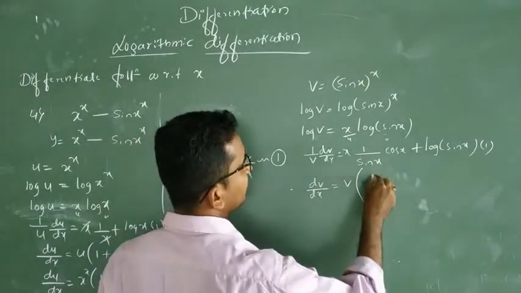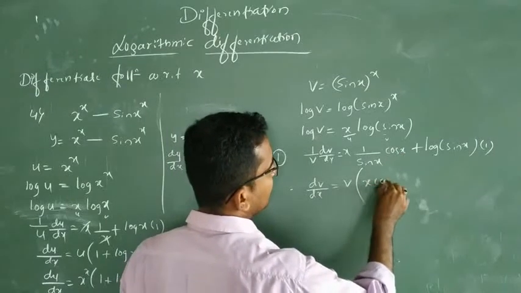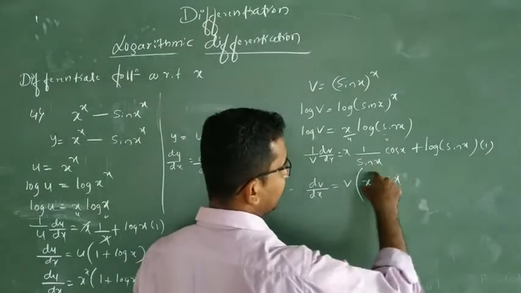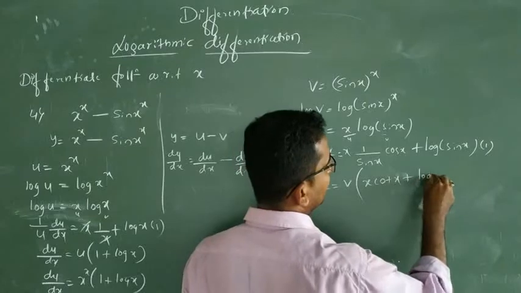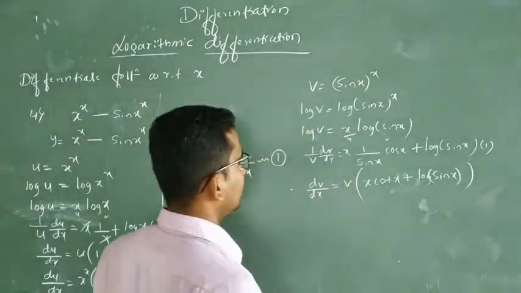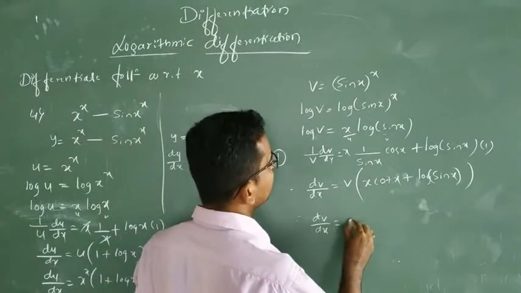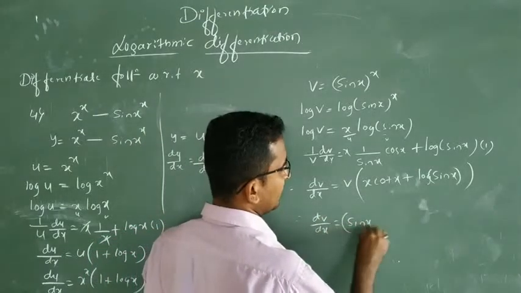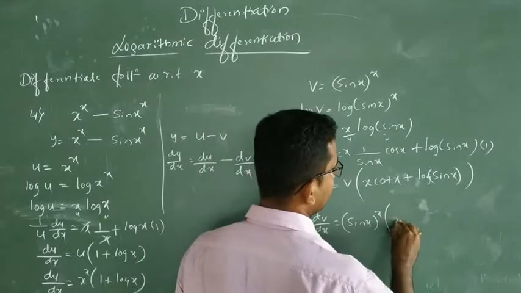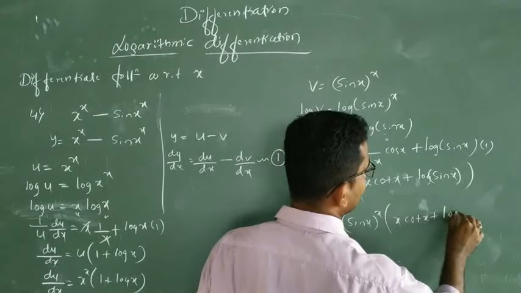Cos by sin is cot, that is x cot of x plus log of sin x. Therefore dv by dx is nothing but v, that is sin x whole raised to x, and in the bracket we have the term x cot of x plus log of sin x.